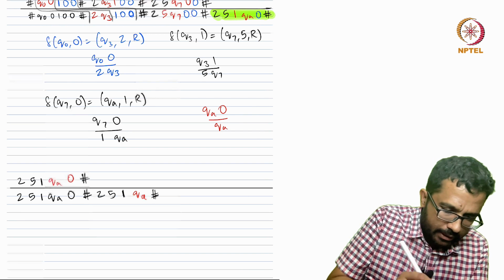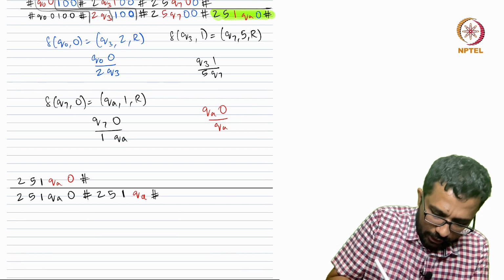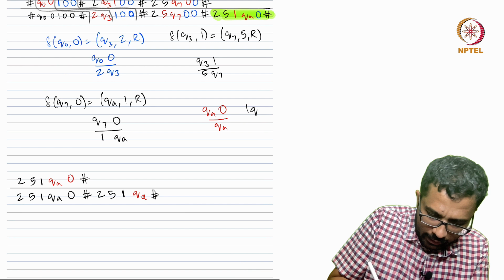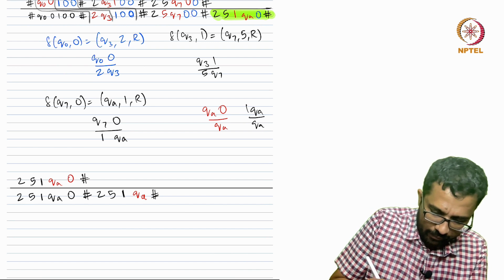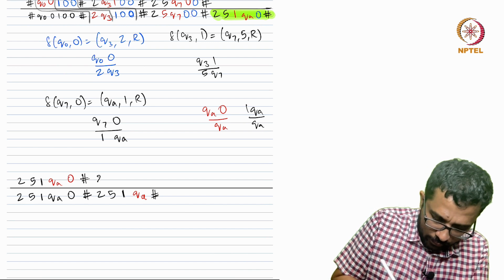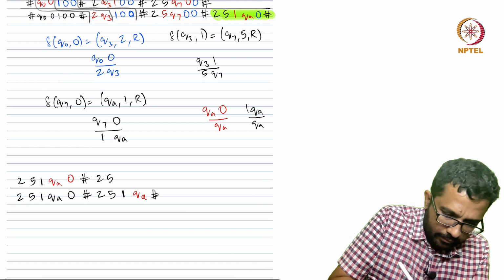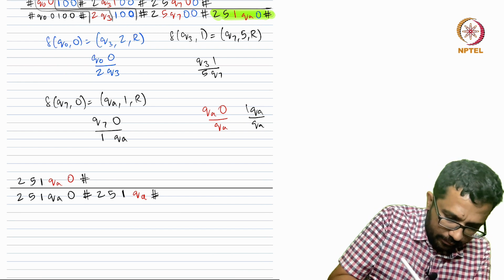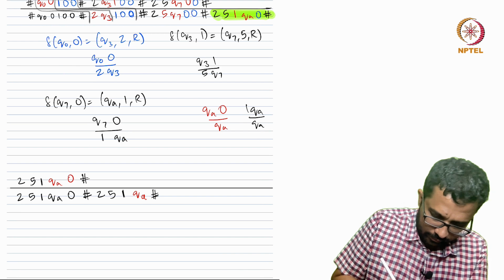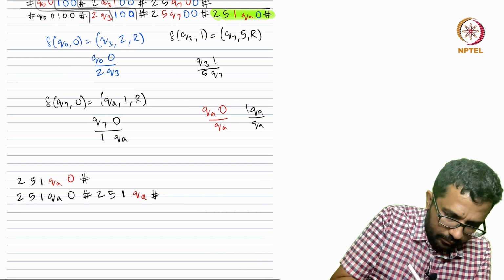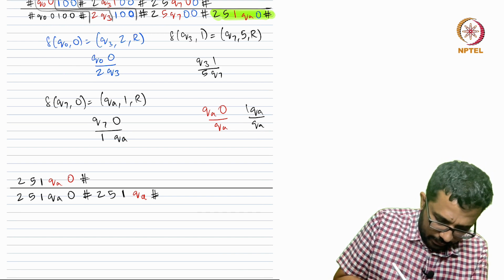Now we may use this again. We may use the domino, let's say 1 qa by qa, right? So let's see. So first we have 2 5 1. Maybe I'll use another color.